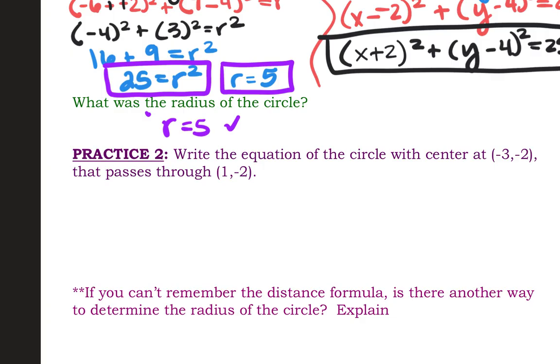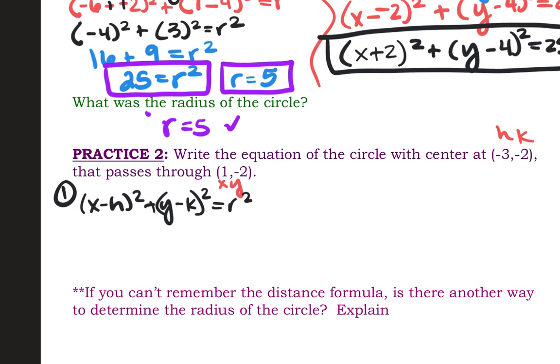All right, so our point should be the x and y. Our center should be h and k. First formula should be x minus h squared plus y minus k squared equals r squared. All right, Ireland, what did you plug into this one?